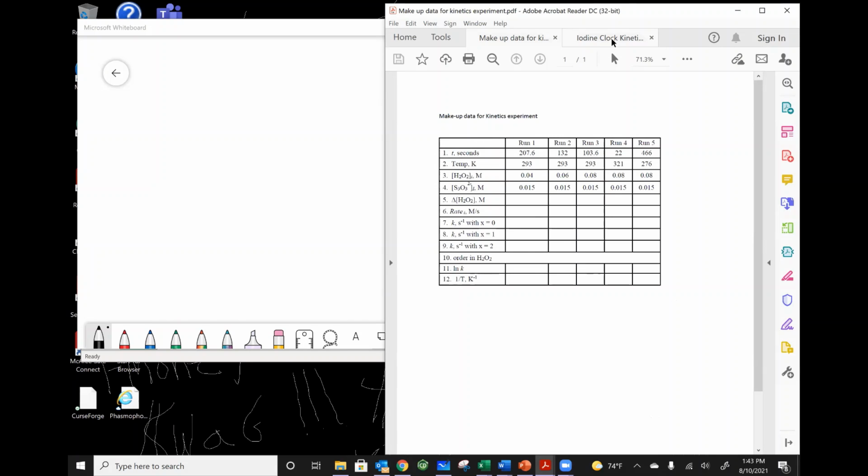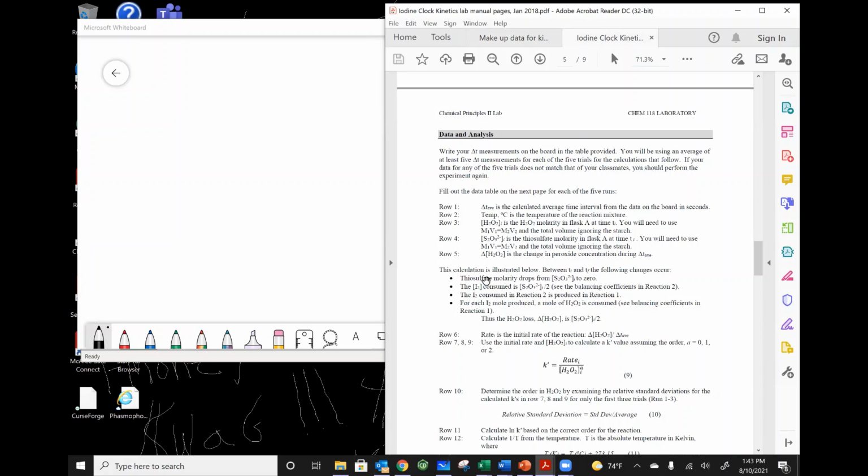So in the makeup data, it just says temperature in seconds. Let's go down to row 5. The change in H2O2 is the change in hydrogen peroxide concentration during TAV.